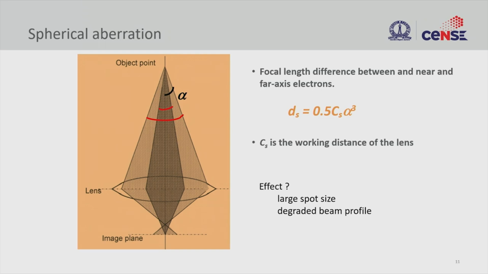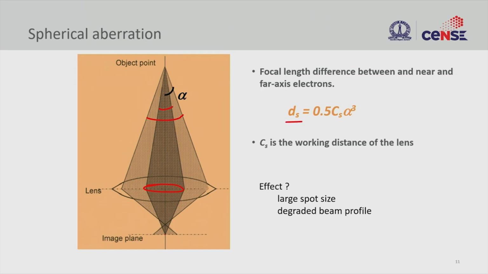Your focal point needs to focus all the electrons within the distribution at a single point, but you won't be able to do that because your lens is also not uniform. So you will have the lens dispersion there, and that is what is creating variation in the focal length as well.